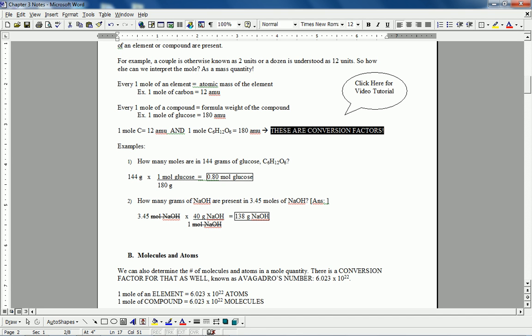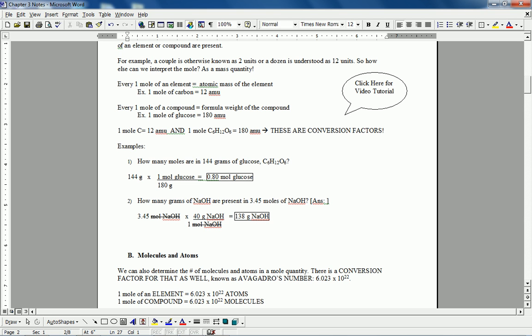Now, of course, grams are a lot more practical because that's what is used in lab, not so much AMUs, and we do go back and forth between grams and moles all the time, so it's important to know how to convert between them. Let's take a look at a couple of examples here.